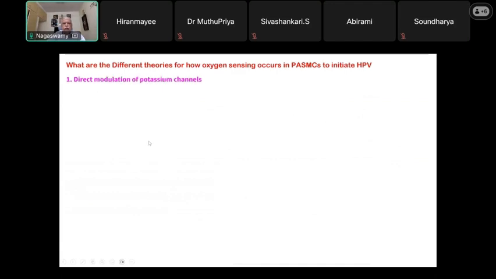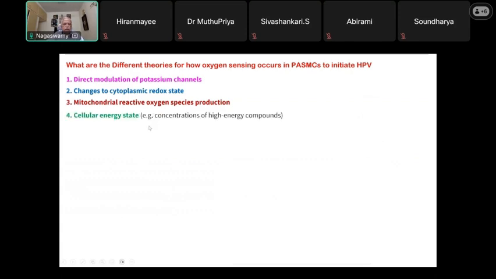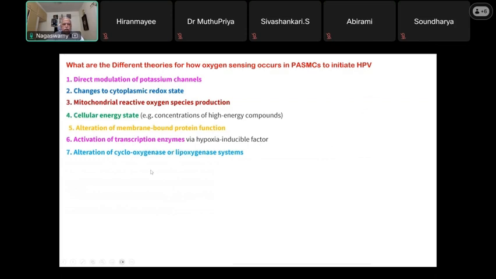And different theories are there for the smooth muscle contraction to initiate hypoxic pulmonary vasoconstriction. One is direct modulation of potassium channels, changes in cytoplasmic redox state, mitochondrial reactive oxygen species production, cellular energy state, alteration of membrane-bound protein, activation of transcription. All those things are more for writing your theory exam.